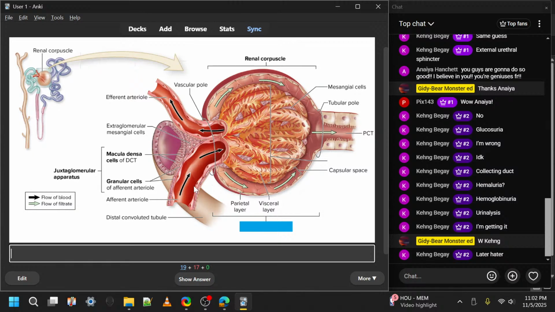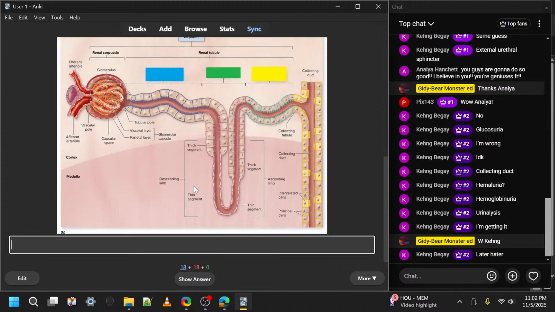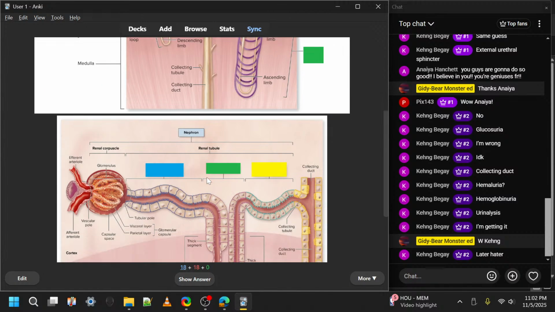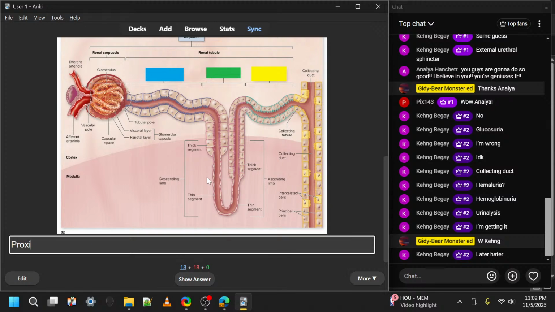The blue is the glomerular capsule. Blue is the proximal convoluted tubule. Green is the loop of Henle.